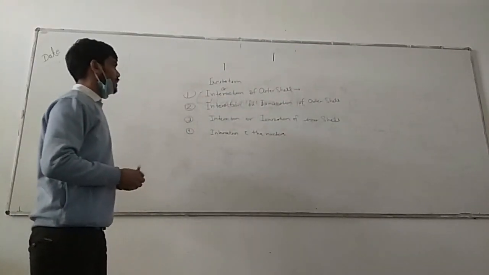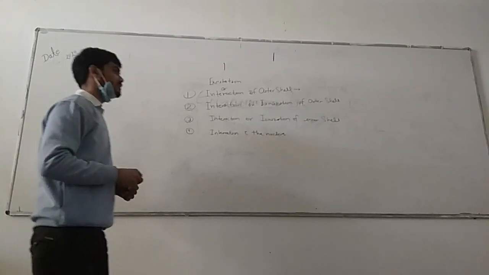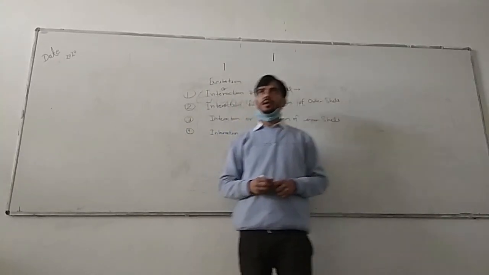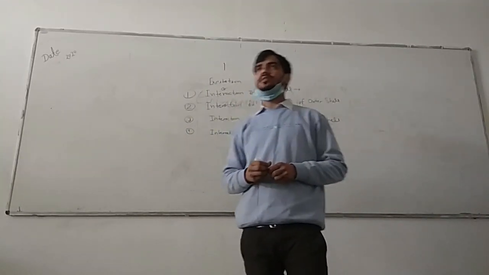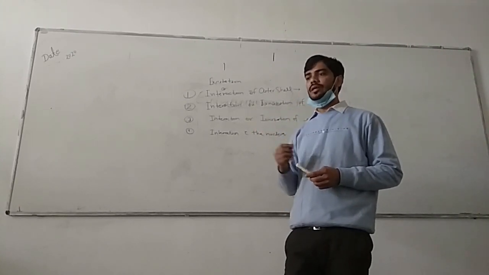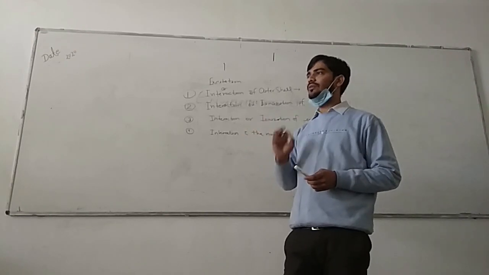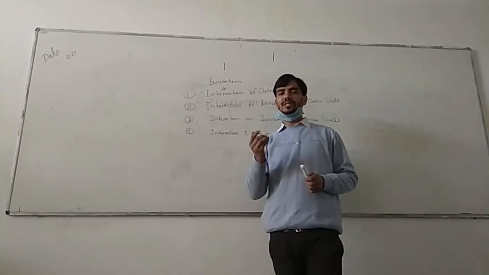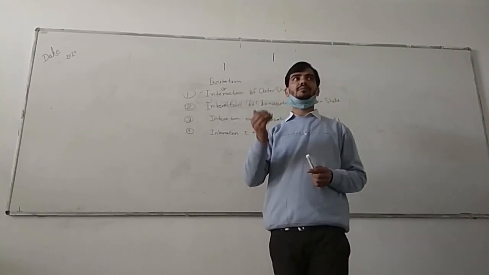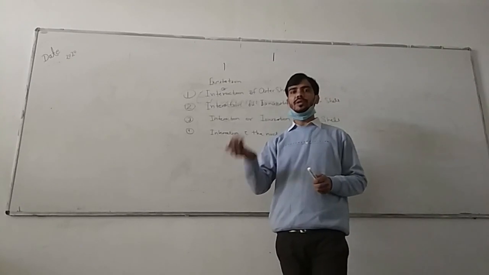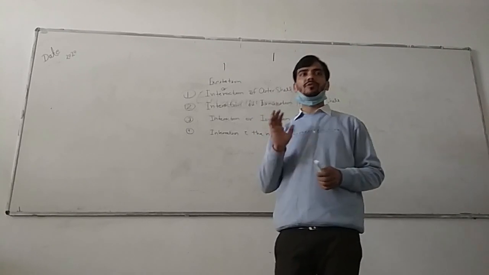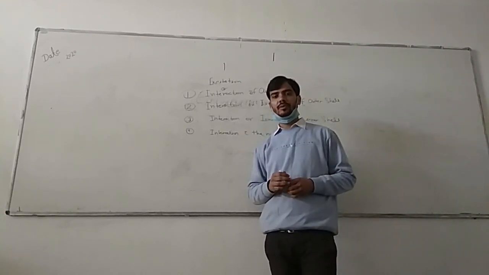So in the first process, the process is excitation of outer cell. In this process, an incident electron interact with the outer shell electron and gives some amount of energy to the orbital electron or outer shell electron.